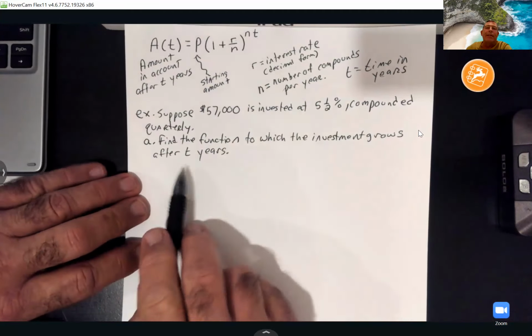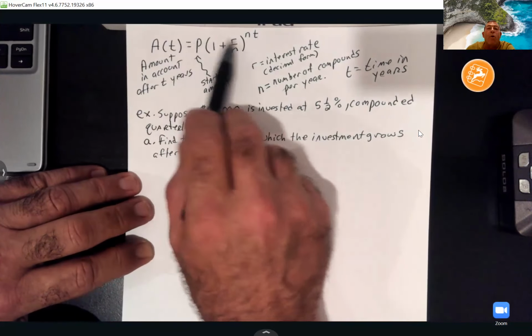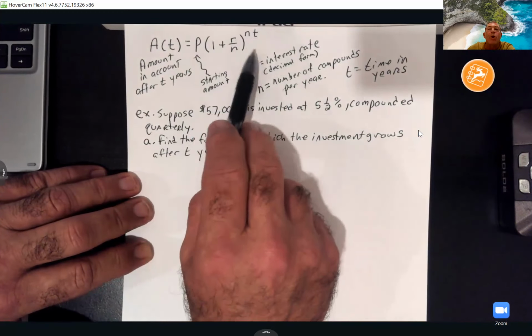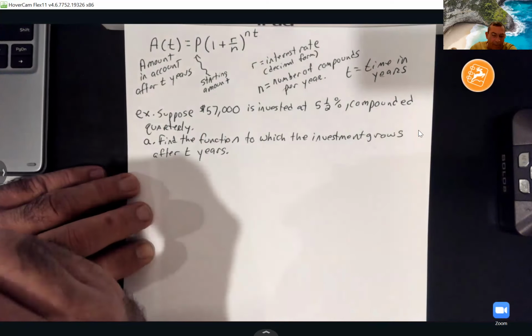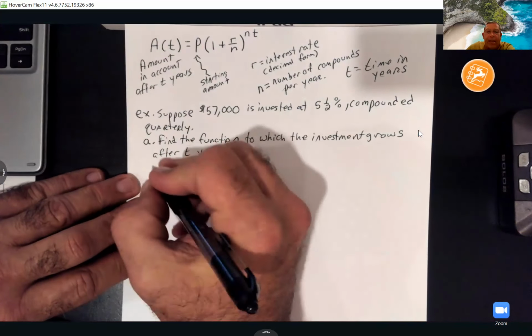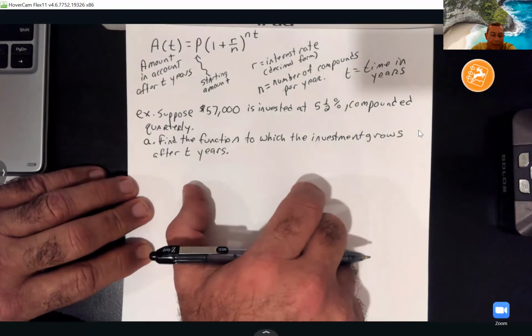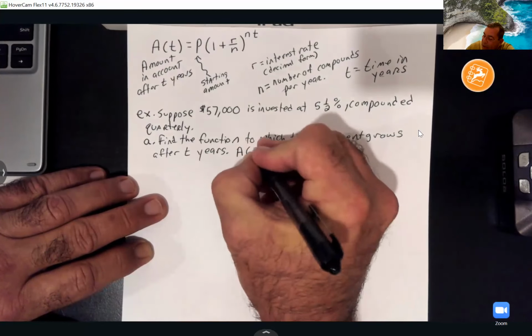So y'all basically, they want me to plug all this stuff in and come up with a formula that I can use to see what happens after 1 year, 2 years, 3 years, or so on. Now, MyMathLab will have the A of T part. We just got to fill in the rest of the formula, okay? So, let's see what we got to start with.